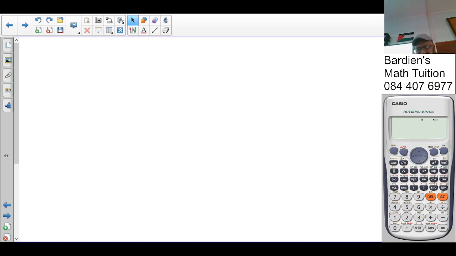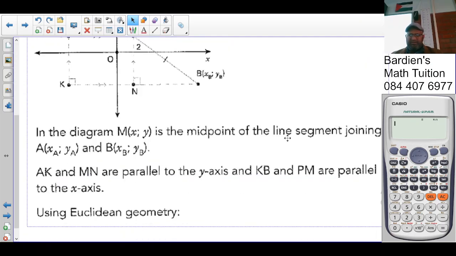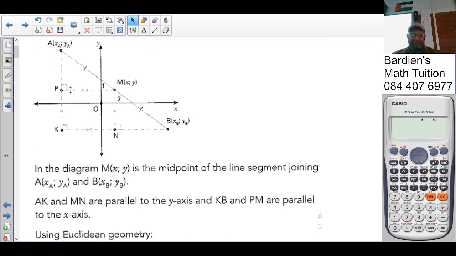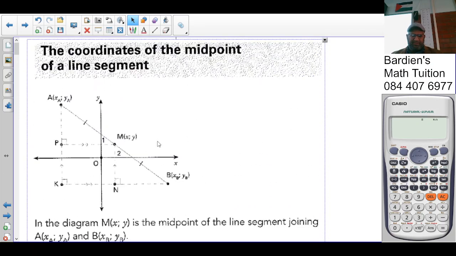So now we're going to look at the coordinates of the midpoint of a line segment. Okay, this is on page 248.